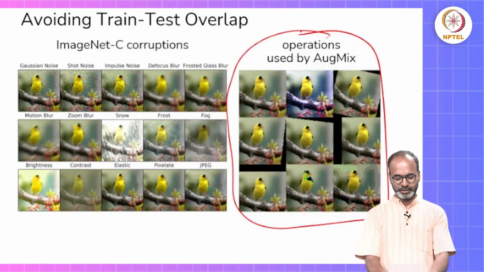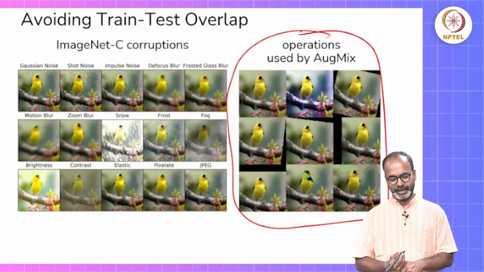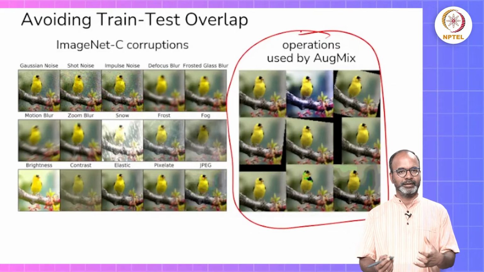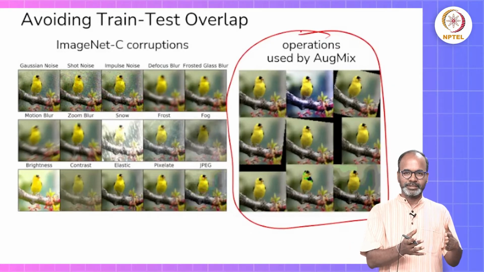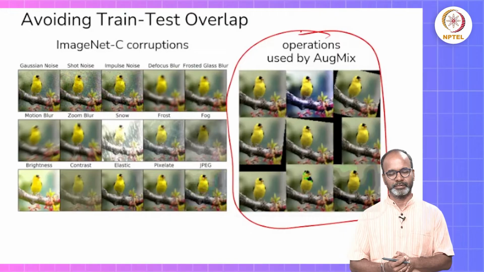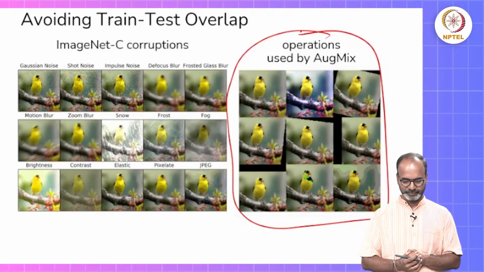If you see here, you can clearly see that the AugMix output is better in terms of corruptions, better in terms of the image being able to be recognized, but still has all the properties that we want to see as part of the augmentation methods.